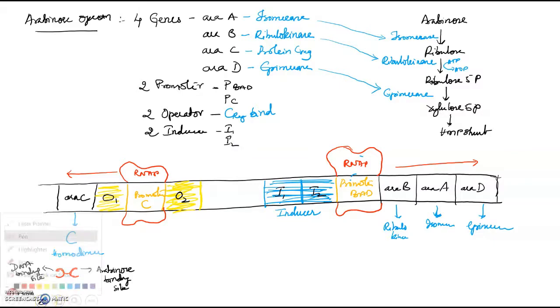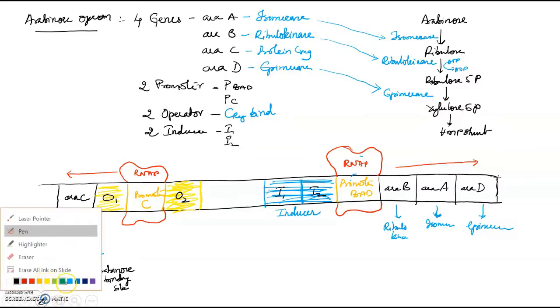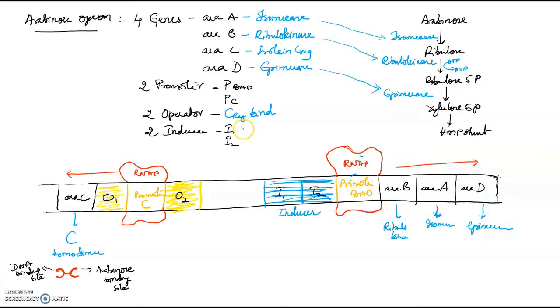Inducer site is also a site where the C regulatory protein will bind. Both O1, O2, I1 and I2 are the places where this C regulatory protein will bind to operate this arabinose operon.